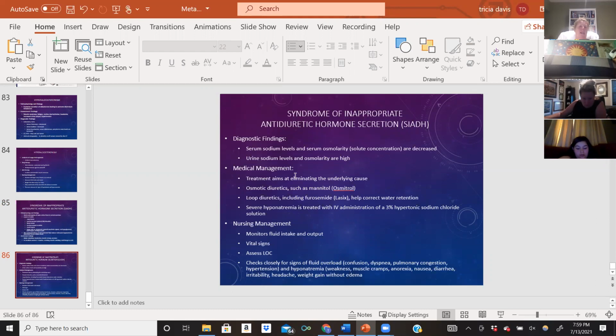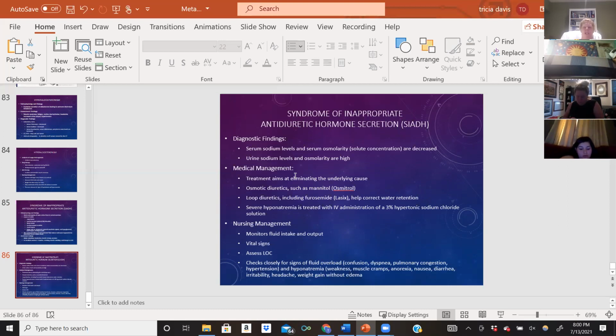Medical management, so because it can be caused by so many different things, the treatment is really just going to focus on actually what's causing it. We might have to give osmotic diuretics because we want to get off all that fluid. So we can give IV mannitol. We're going to be using loop diuretics. We can use furosemide, also known as Lasix, to help correct that water retention.